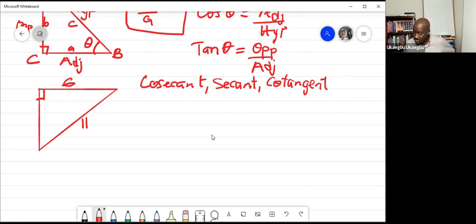What will be the other side? By the way, if you are given a triangle like this, you can just use Pythagorean theorem to get the other side of the triangle, which is what we did.